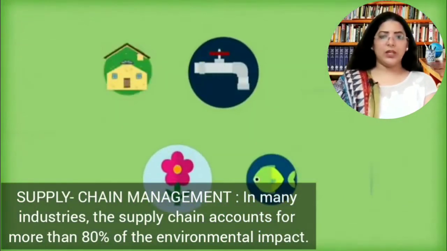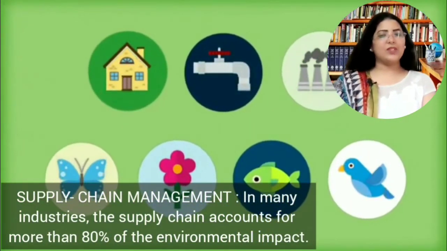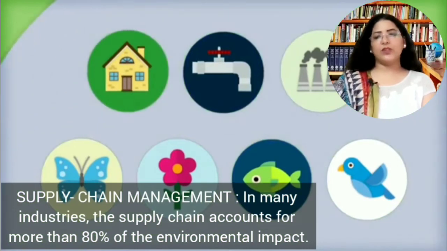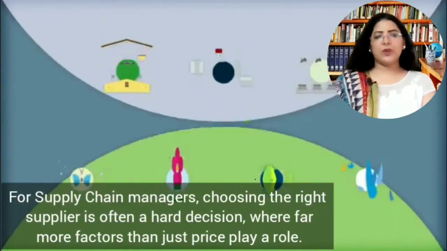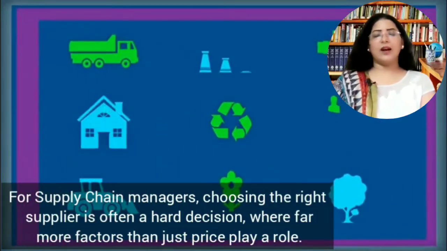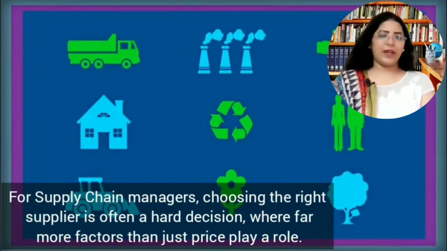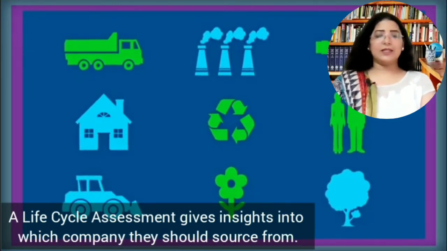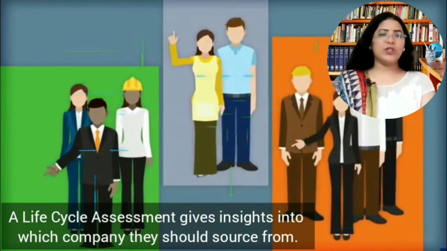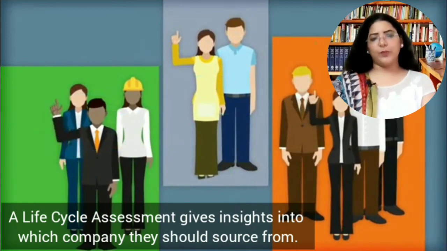Supply chain management. In many industries, the supply chain accounts for more than 80% of the environmental impact. For supply chain managers, choosing the right supplier is often a hard decision where far more factors than just price play a role. A life cycle assessment gives insight into which company they should source from.